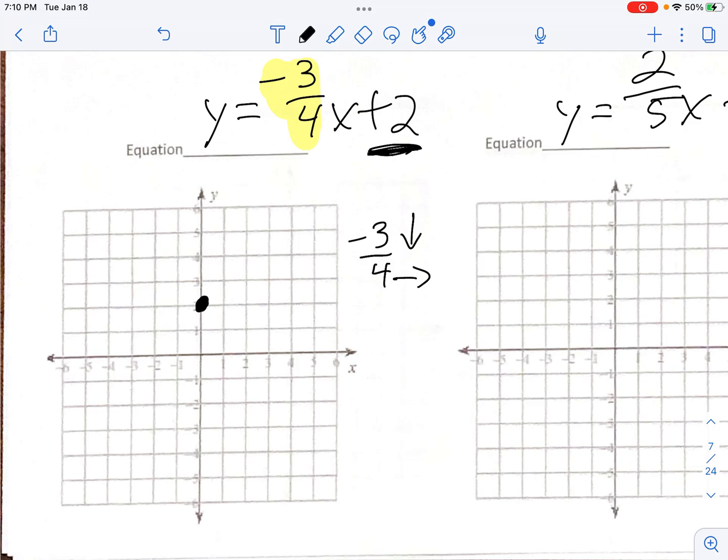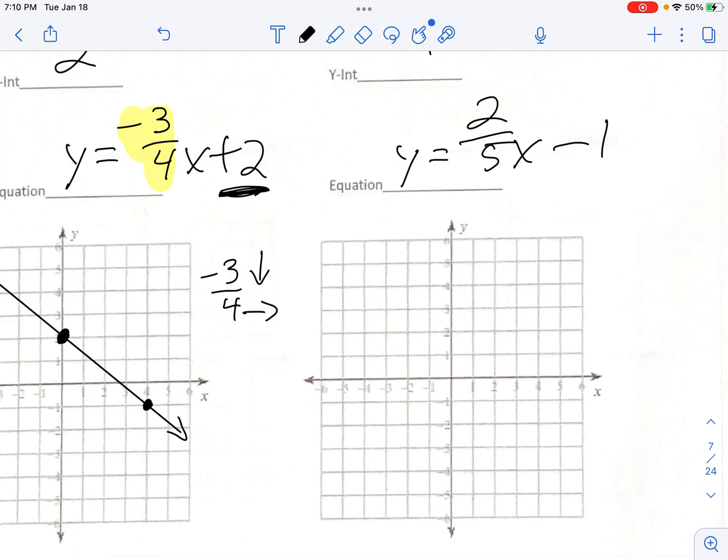So down 3, 1, 2, 3, right 4. If we try to go forward with another one, we could go down 3, but we can't go right 4. So we need to go back to the y-intercept, all right? And then we need to go backwards. So we need to go up 3, 1, 2, 3, and then left 4, which would be right here. Now that we've got 3 dots, now we can draw our line.